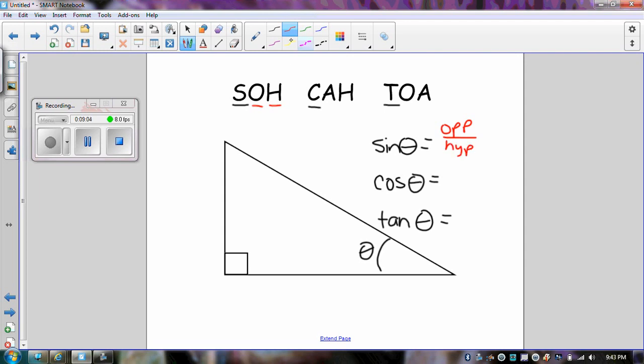For cosine, and let me do it in a different color here, cosine is going to be adjacent over hypotenuse. And finally, tangent, which is the last one, tangent is going to be opposite over adjacent. So you can see how knowing the sides of your triangle really comes in handy when you're looking at trigonometry.